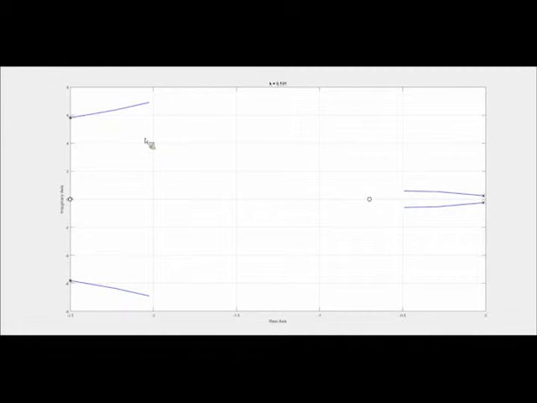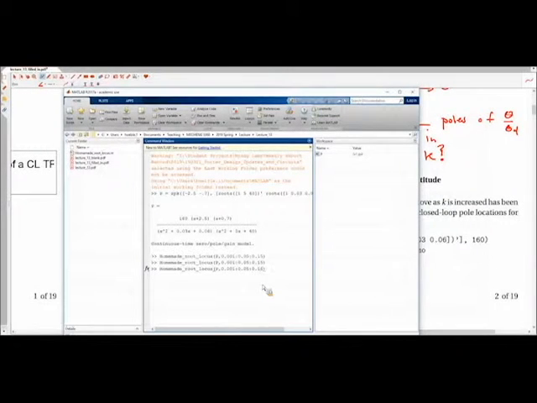Okay, so I'm going to run this again with more values of k so you can see how this evolves. It's going to increment in k, and we're going to see how the closed loop poles move around in the complex plane as we increase k. So let's run this again, this time up to a k value of 7.